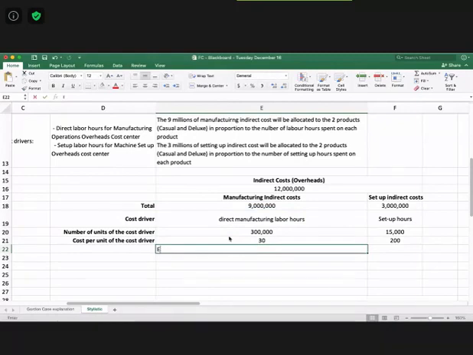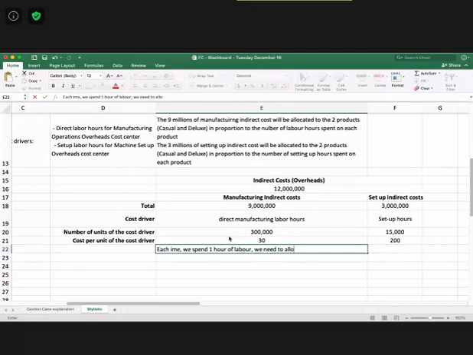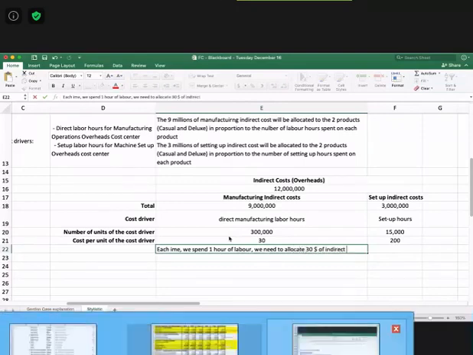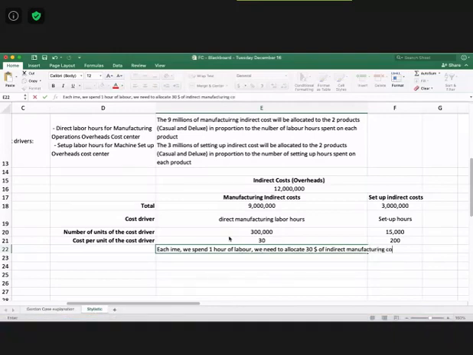So it means that each time we spend 1 hour of labor, we need to allocate $30 of indirect manufacturing cost to the product.